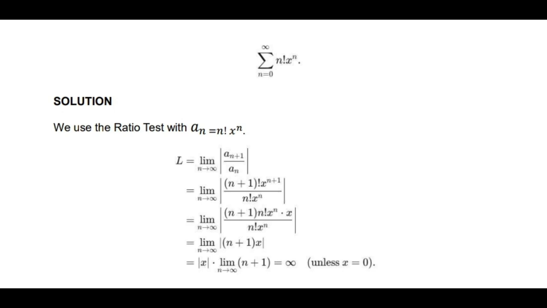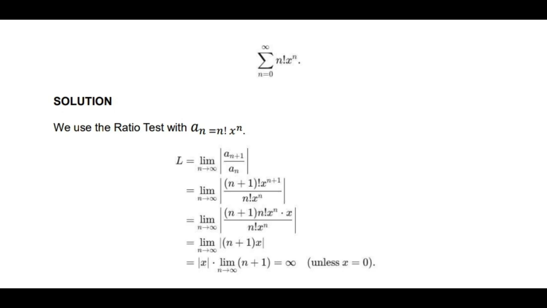So one more example is the summation of n factorial multiplied by x^n, as n equals 0. For its solution, we use again the ratio test. We let a_n equal n factorial times x^n. By the limit test, we know that the limit as n approaches infinity is the absolute value of a_(n+1) over a_n.